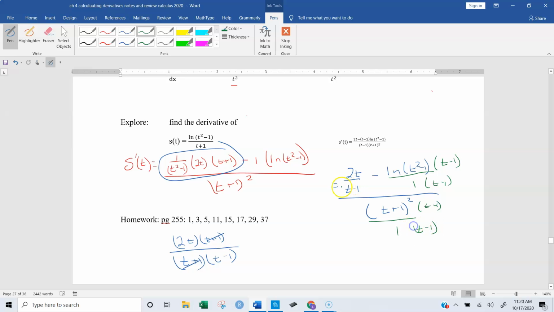All right, now remember all of your denominators cancel, and you're left with 2t minus, I'm going to put the t minus 1 in front so we know it's not part of that natural log, t minus 1 times the natural log of t squared minus 1 all over t plus 1 quantity squared times t minus 1.